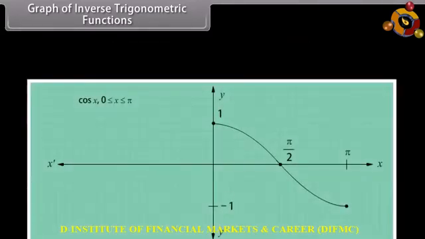The derivations of the graphs of arc cos x and arc tan x are similar to that of arc sin x. In both instances, intervals must be restricted. For arc cos x, we use the 1, -1 piece.